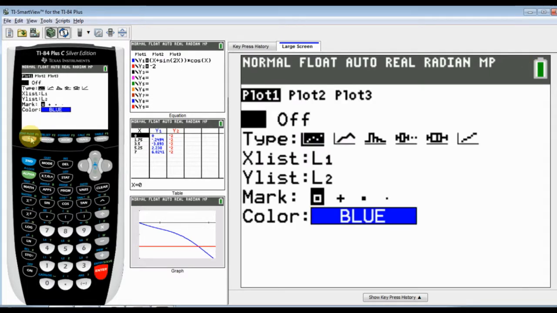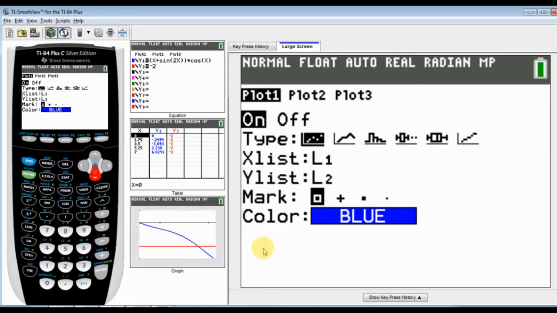We'll turn it on. Remember, reading from left to right, we have scatter plot, connected scatter plot, histogram, modified box plot, or box plot with outliers, normal probability plot. We want, of course, the scatter plot.